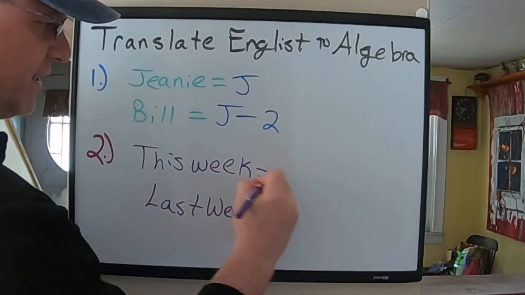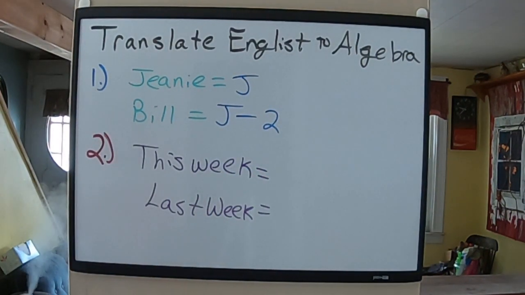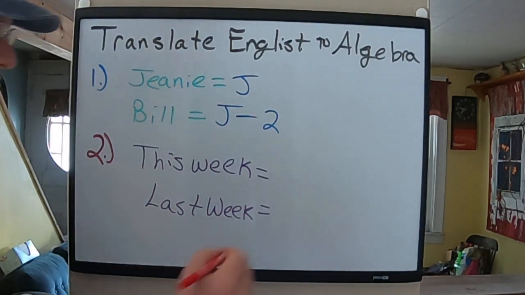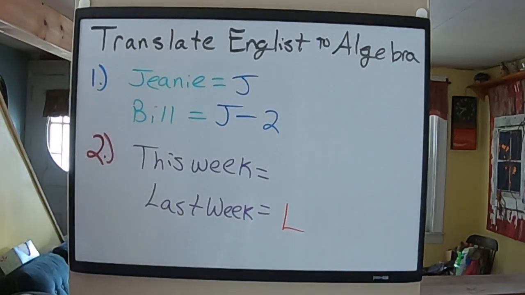That's what I'm going to title them, this week and last week. So the next thing is we have to pick one of them for the variable. Now, the thing that's talked about is this week. This week, Jack worked 6.5 hours more at the supermarket than he worked last week, comparing it to last week. So last week is going to be my variable.